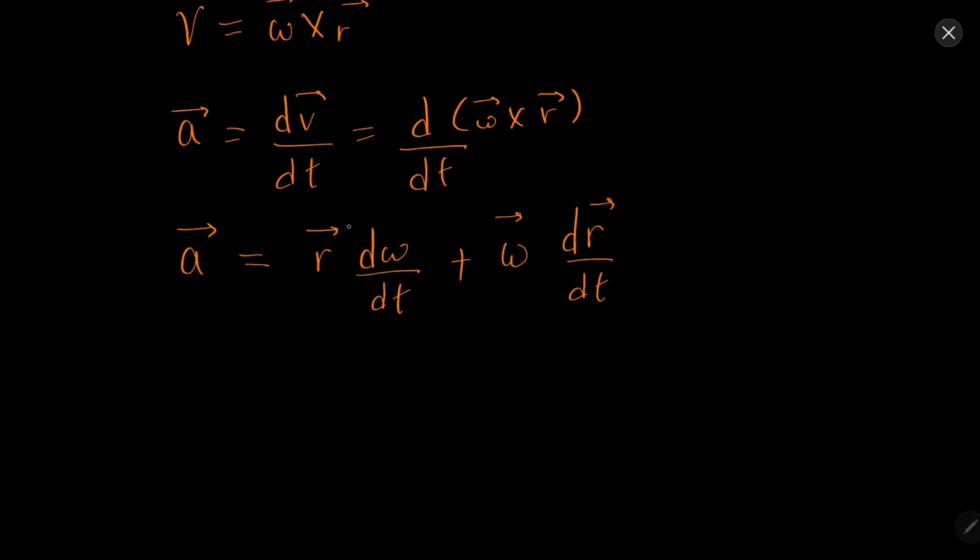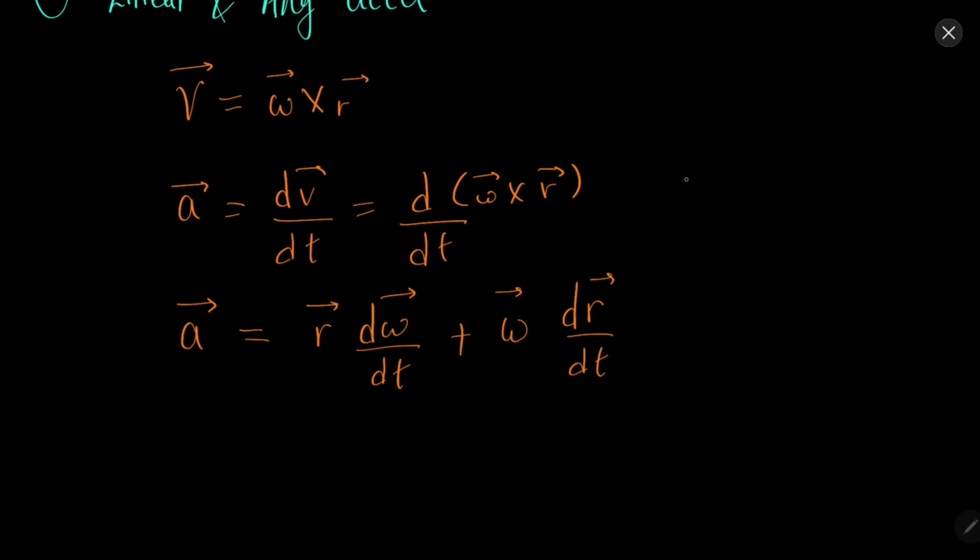So what we are doing here is applying the product rule, which you might not have studied yet, but it is quite simple. If we have two quantities which are multiplied, then first differentiate one quantity considering the other as constant, and then differentiate the other quantity considering the first as constant.